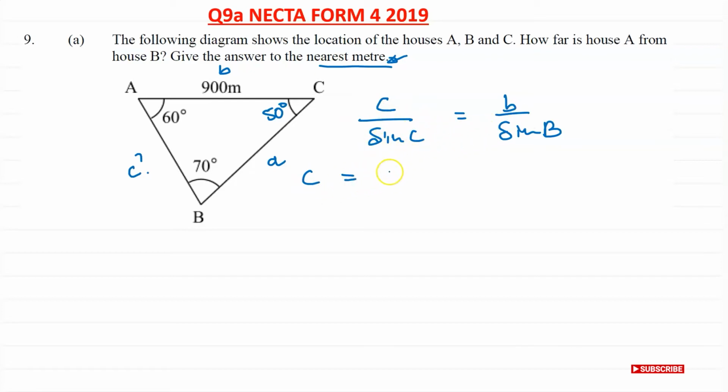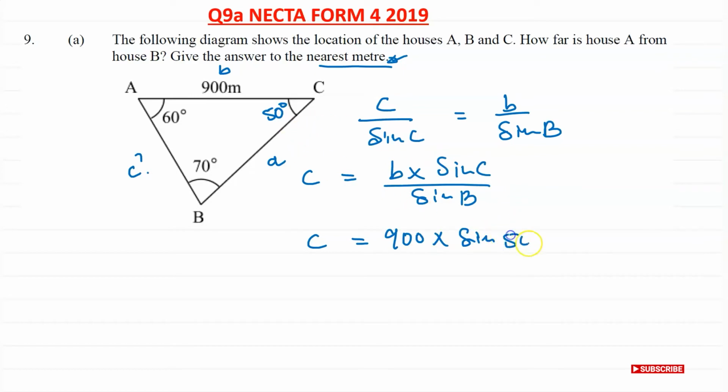So c is equal to b times sine C over sine B. Now substitute the values we know: c equals b, which is 900, times sine of angle C, which is 50 degrees, divided by sine B, which is sine 70 degrees.